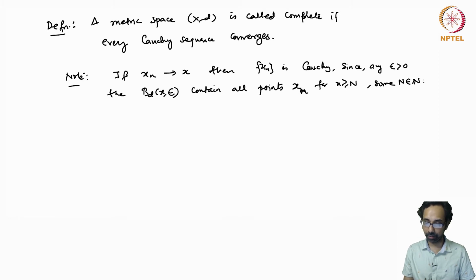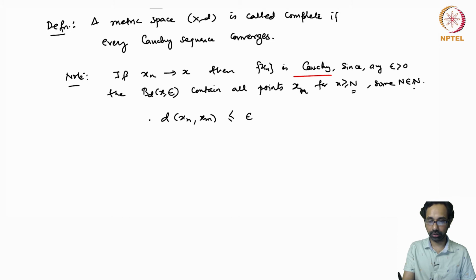And now, why is this a Cauchy sequence? So I'm claiming that this is a Cauchy sequence. So now I'm going to use this N to prove that d(x_n, x_m) is less than or equal to epsilon. Well, actually, I can even have it to be strictly less than epsilon here. This is for all n and m greater than or equal to this capital N. So why is this true?